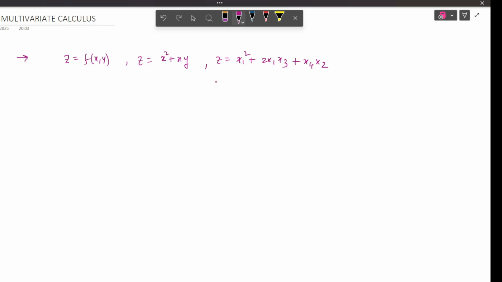So here we can see that z is a function of x1, x2, x3 and x4. So we can write f of x1, x2, x3 and x4. This is x1 square plus twice x1 x3 plus x4 x2.